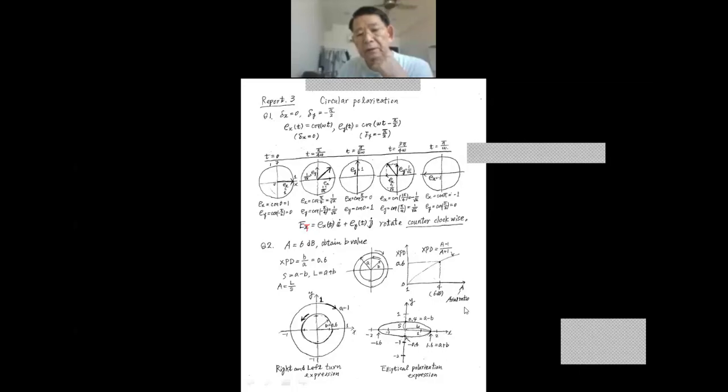When a circular antenna is produced, how good the circular antenna is, is specified by the axial ratio. So when we buy a circular antenna, an axial ratio of less than 3 dB is the specification.